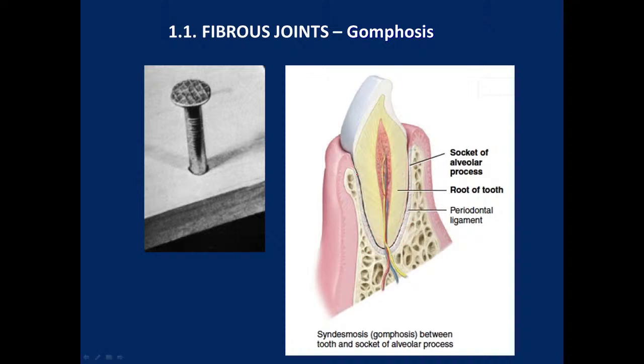Actually, this white layer, I mean this thin layer, is a real connective tissue, and it is like a glue, a special thin layer that fixes the teeth in the alveolar fovea.